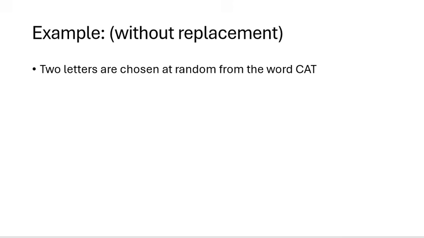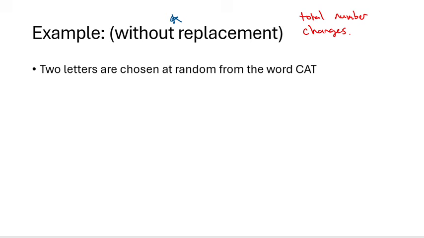Now, this is an example without replacement. What happens when it's without is the total number changes, and that changes the whole array. It makes it look a bit funky.